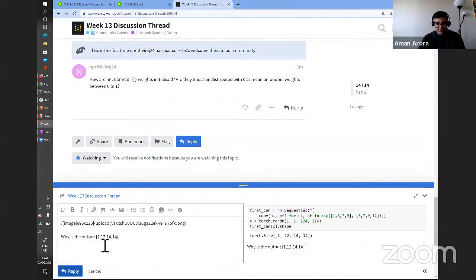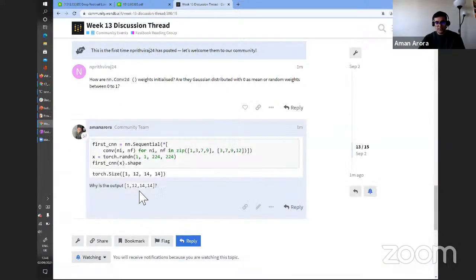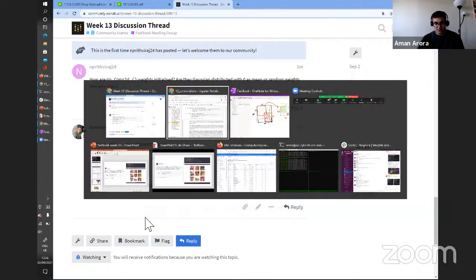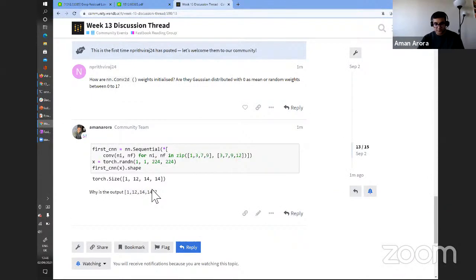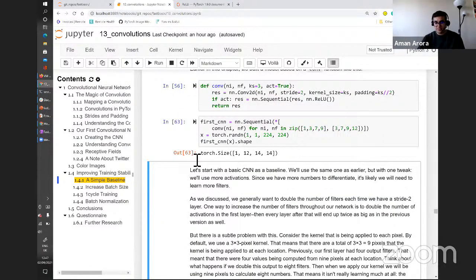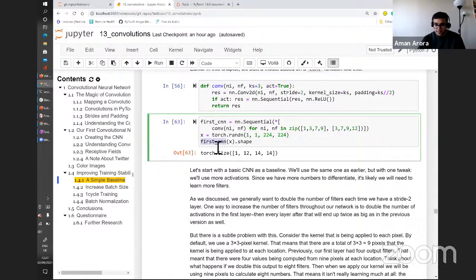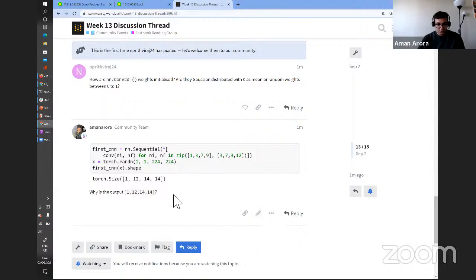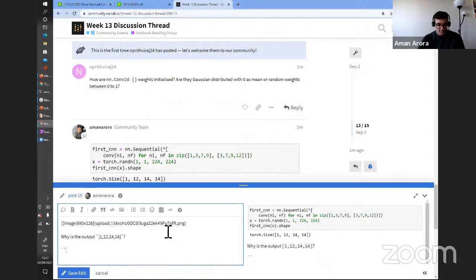Have a think. Based on your understanding of convolutions, this could be a nice exercise to check why this output is 1 by 12 by 14 by 14. Have a go layer by layer, check the outputs, and then check this first CNN. I think it will be helpful if I add that code so people can copy and paste.